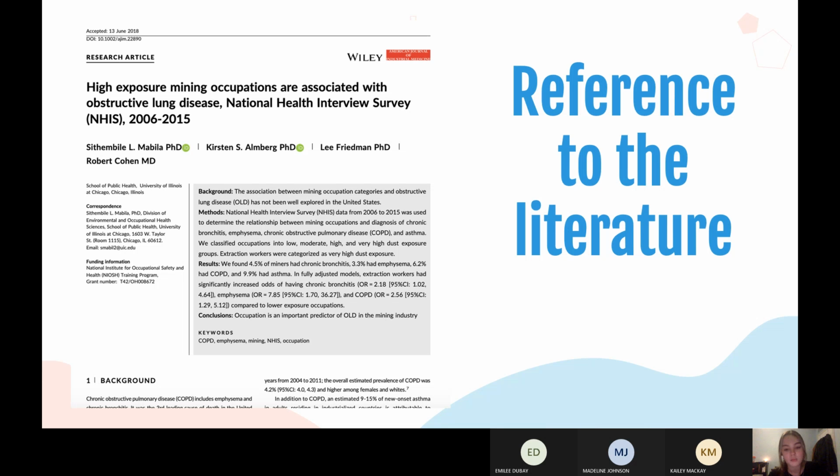So the first was asthma, and 9.9% of the people that they interviewed had asthma, and then 6.2%, I think it's 6.2, had COPD. And then even lower were chronic bronchitis and emphysema. So we thought that was kind of interesting because there's not many studies that say that. So that's why we wanted to find one that did. So yeah, that's that for that one.